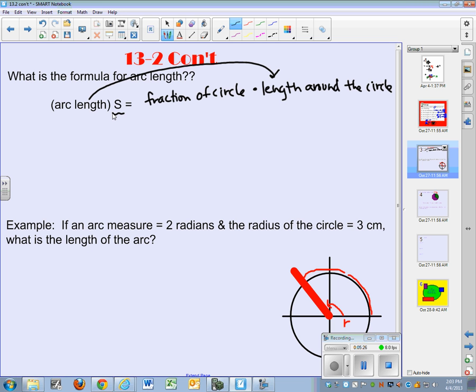You wanted to convert to degrees yesterday, you did the fraction of the circle times the total degrees in a circle. You wanted radians, you did fraction of the circle times the radians in a circle. Same idea. So what does that look like mathematically? Well, we're going to have theta, whatever our angle measure is, and we're going to divide it by either 360 if we're talking degrees, or 2 pi if we're talking radians.